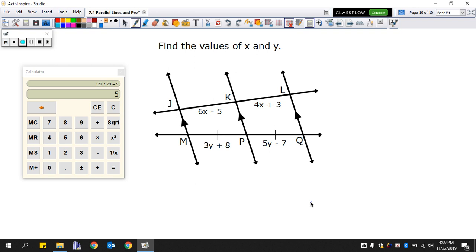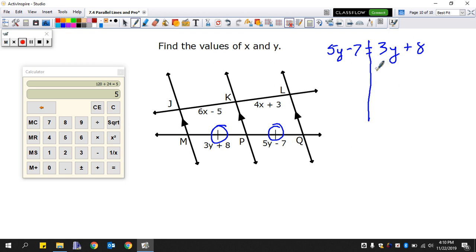Here you notice that MP and QP are congruent, so that simplifies things quite a bit, because if they're congruent, the lengths are equal to each other. So we can simply say 5y minus 7 is equal to 3y plus 8, and then we solve for y.